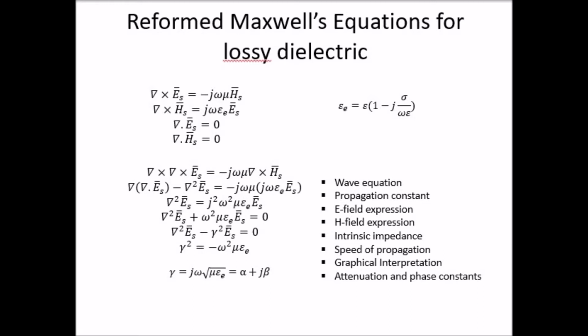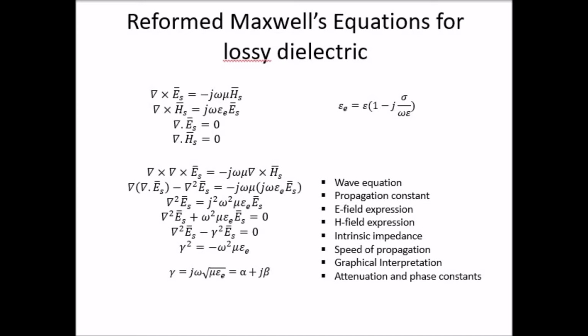So we will be discussing wave equations, and we have learned the propagation constant. We express the wave equation with respect to E field and H field, and from this wave equation we can find the intrinsic impedance or wave impedance for lossy dielectric, and we also can find the speed of propagation of electromagnetic wave in lossy dielectric, and we will discuss the visualization of the wave in lossy dielectric.